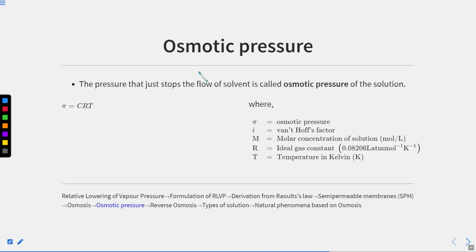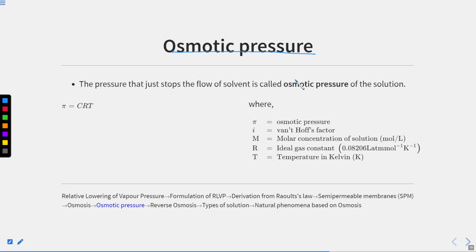Next, we have a formula for osmotic pressure. For that, you should understand what osmotic pressure is. We have seen that we are having a movement of solvent particles from the solvent to the solution side.